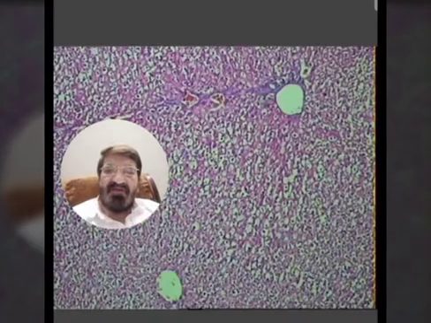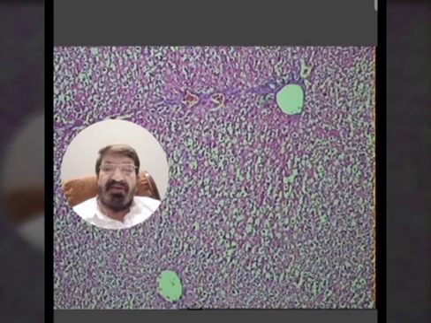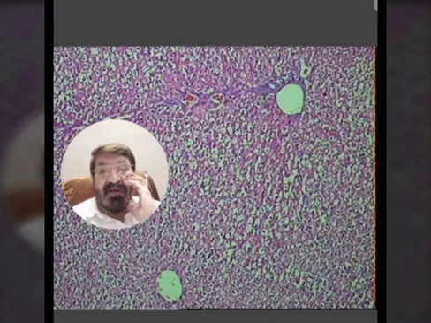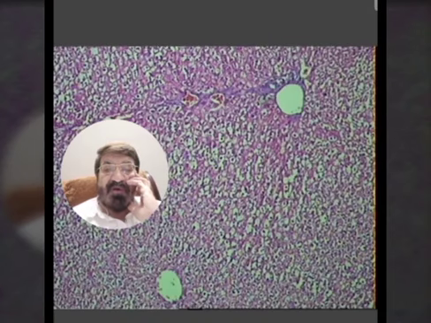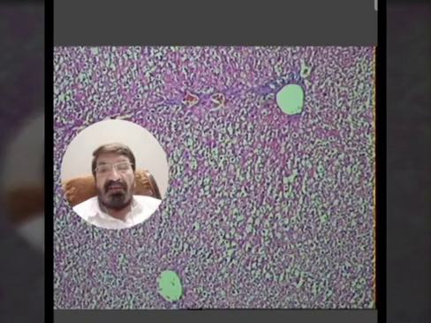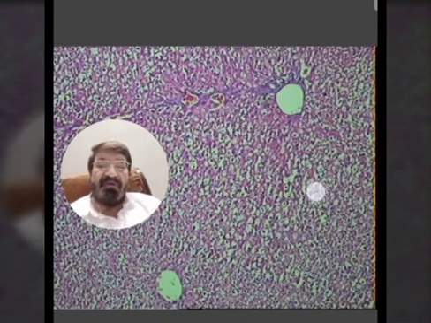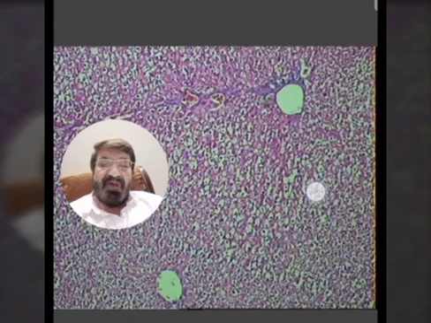This is the slide of the liver. You can see the central veins and the radiating cords. When we see the liver under the microscope, there are pentagonal or hexagonal areas surrounded by connective tissue septa or trabeculae. But in the human being, these trabeculae or septa are not very well demarcated.